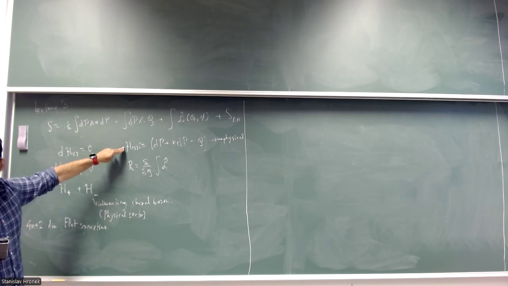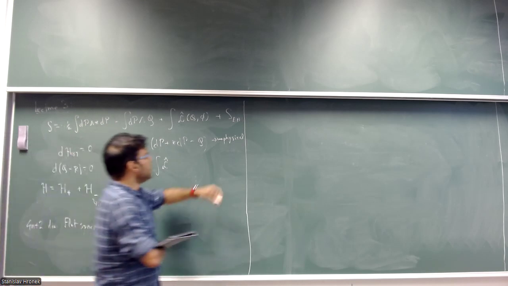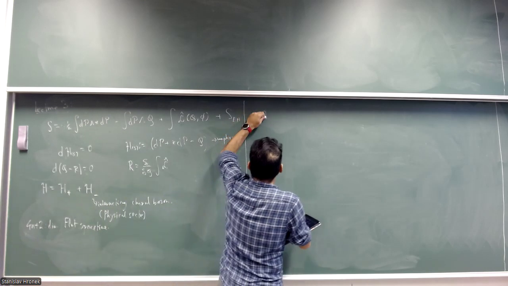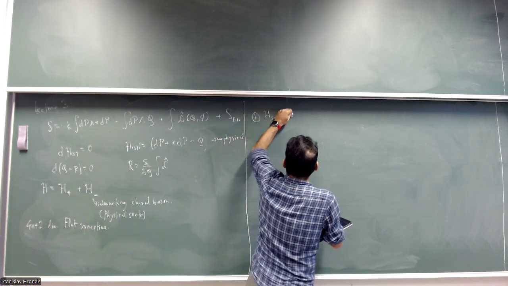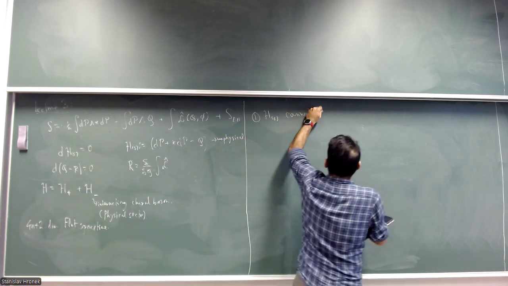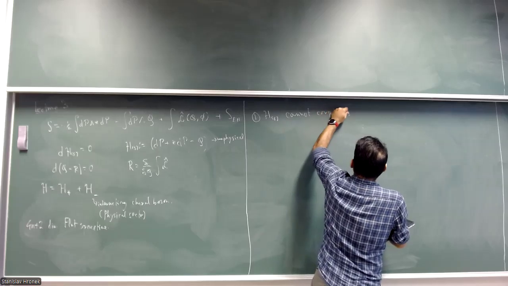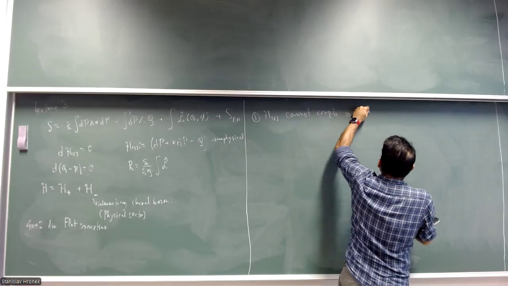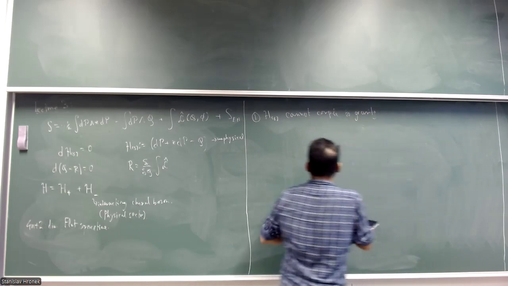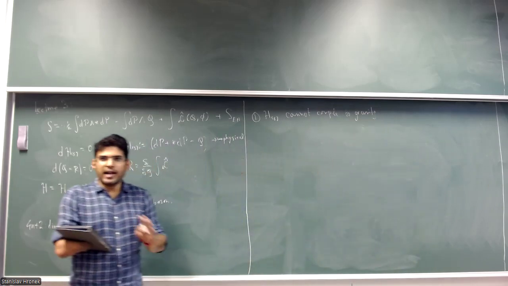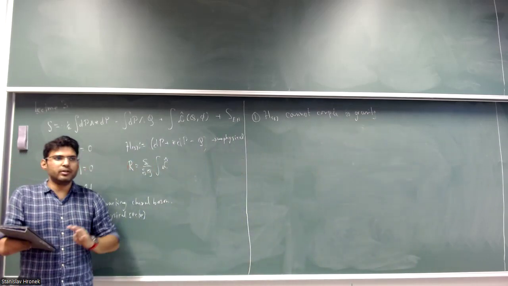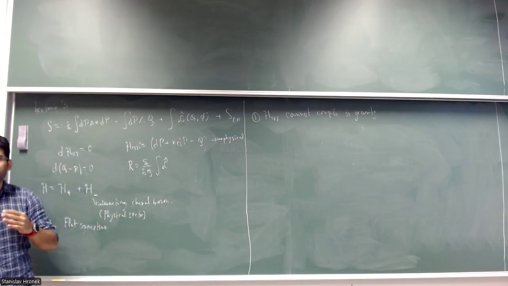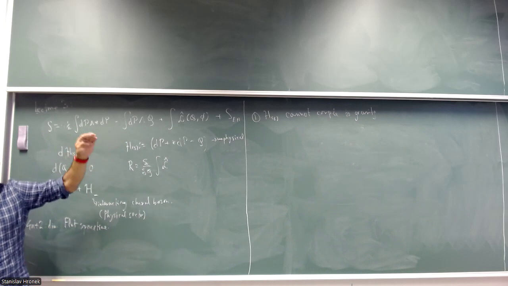So our guiding principle should be, first and foremost, that H's cannot couple to gravity. That's the first guiding principle: whatever new formalism or new way of coupling to gravity we figure out, the first thing we have to ensure is that H's cannot couple to gravity.